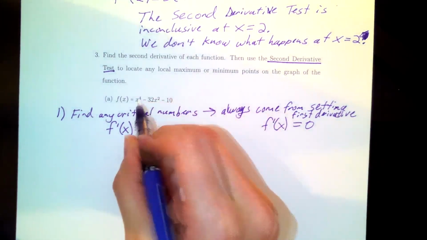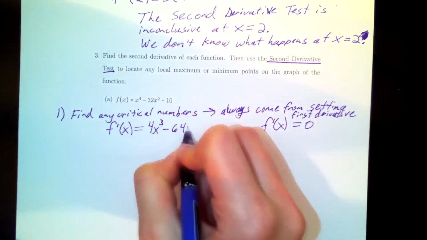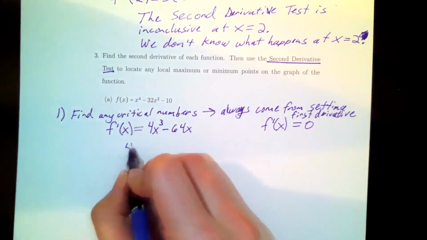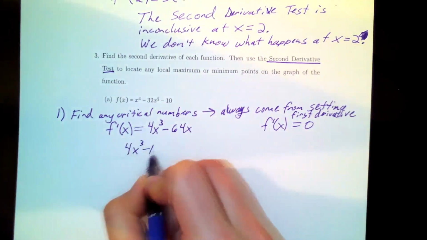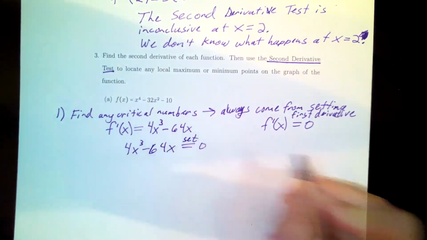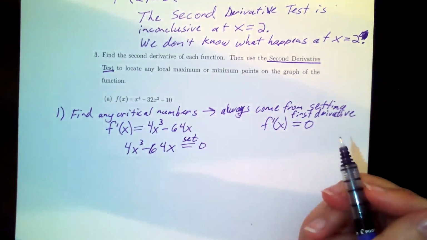So let's take our first derivative. We're going to have 4x cubed minus 64x. The derivative of minus 10 is 0. I'm then supposed to take this derivative function and set it equal to 0 and solve. In this case, factoring is definitely going to be your friend.